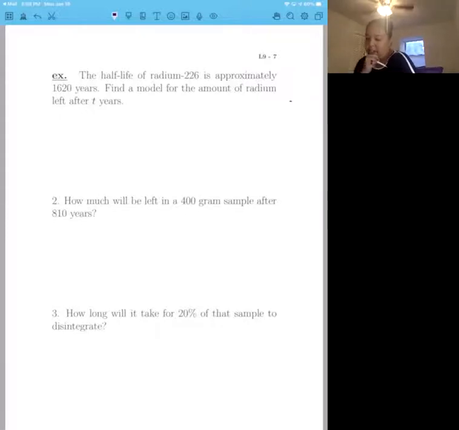So, example: the half-life of radium-226 is approximately 1,620 years. Find a model for the amount of radium after t years. So again, Q naught e to the kt. Now, they do not give us the initial amount.